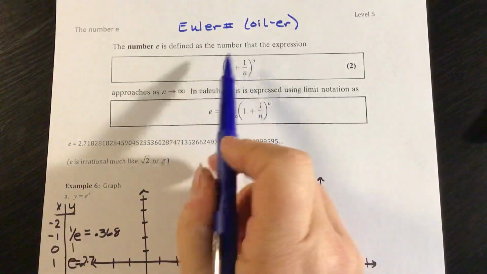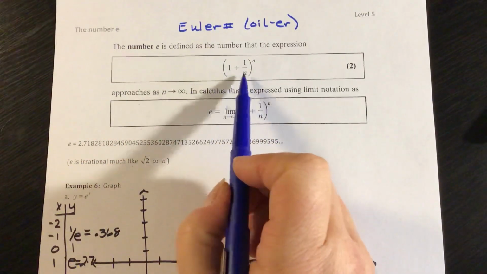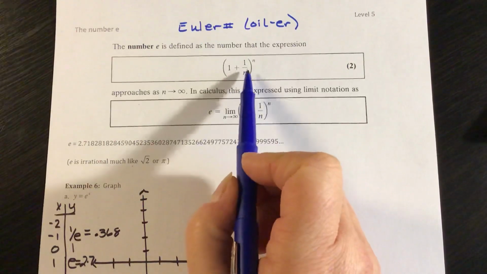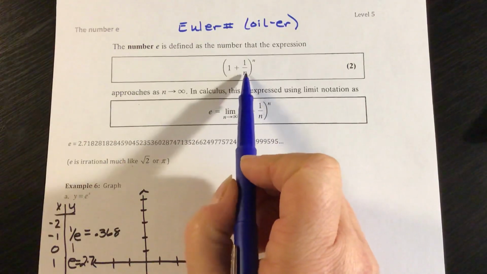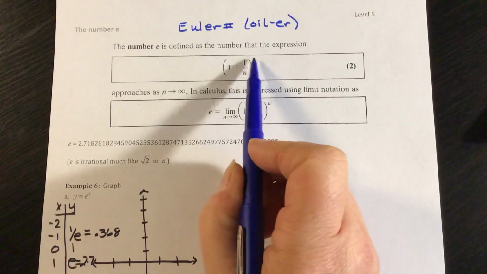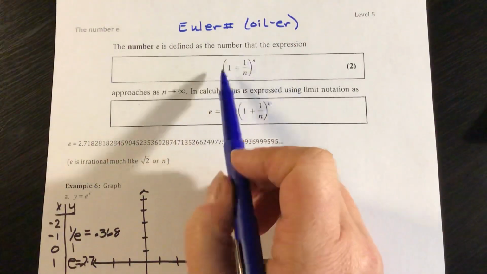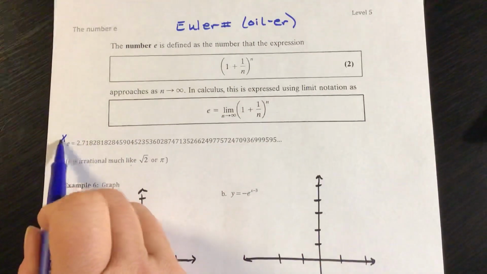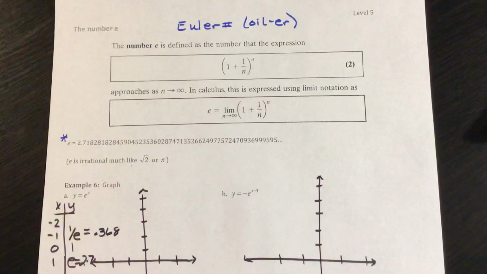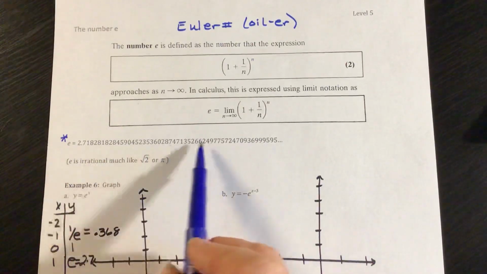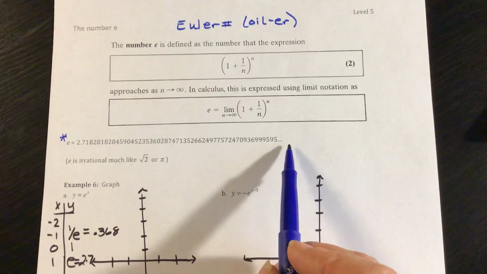And there is a definition here that basically says that when you increase this number here to a very large number, and then you have a large exponent here, you're going to get a constant of 2.7182818.